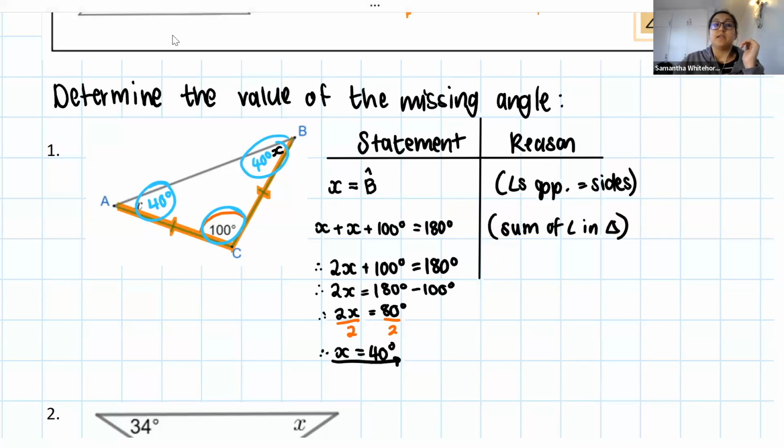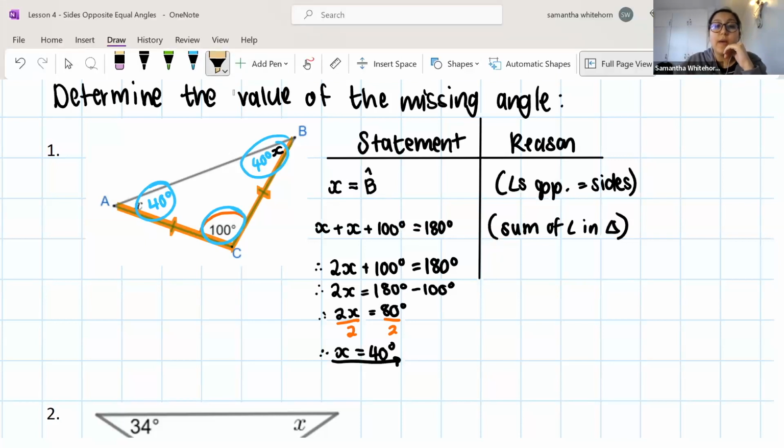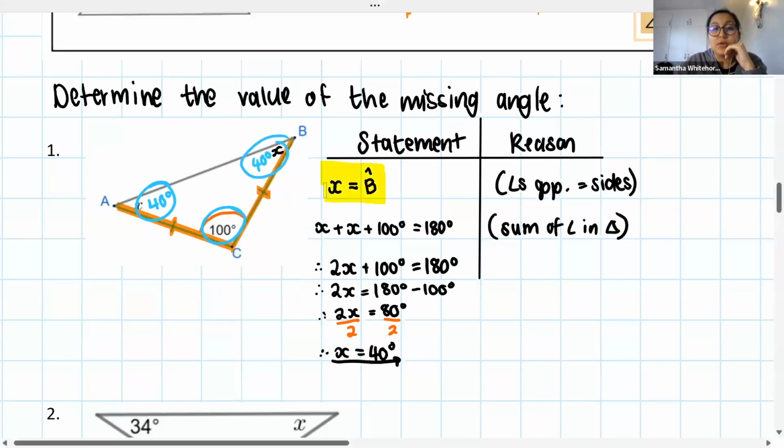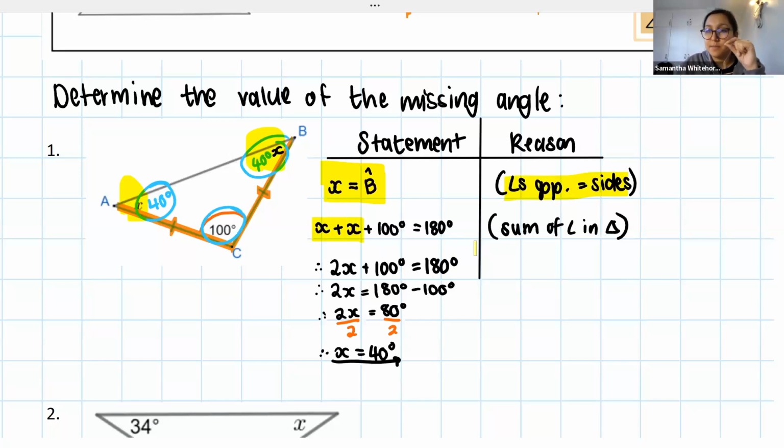All right, so guys, I'm going to say this again. You have to, let's get a bright color, you have to make the statement that you know that X is equal to B, or that you know that these two angles A and B are the same because of angles opposite equal sides. If you don't, the fact that you have said X plus X is then an assumption.